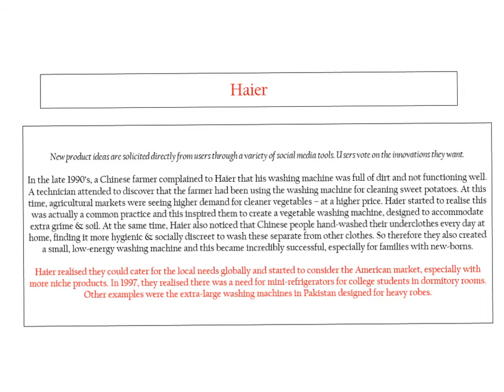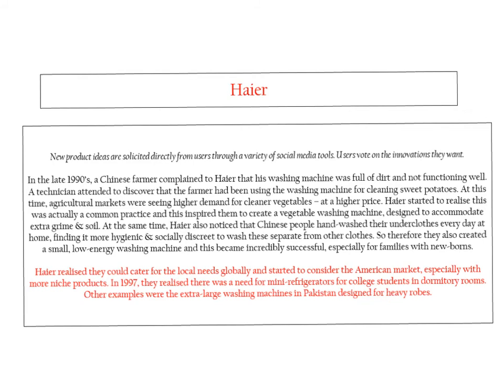Now, this might seem a bit strange, but the Chinese agricultural market was changing. It was seeing high demand from retailers and customers for cleaner vegetables, which they could sell for much higher prices. So farmers were doing this a lot, and therefore it gave them the idea: let's work on this problem and design a washing machine to accommodate extra grime and soil.